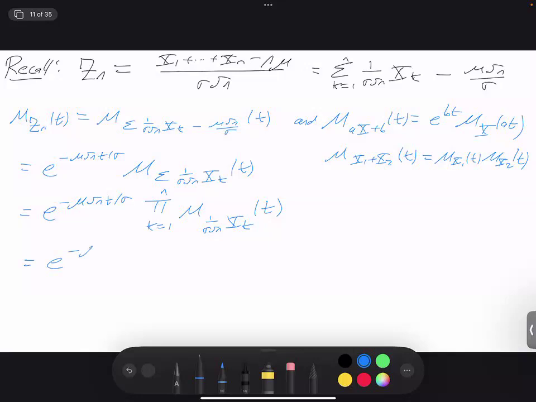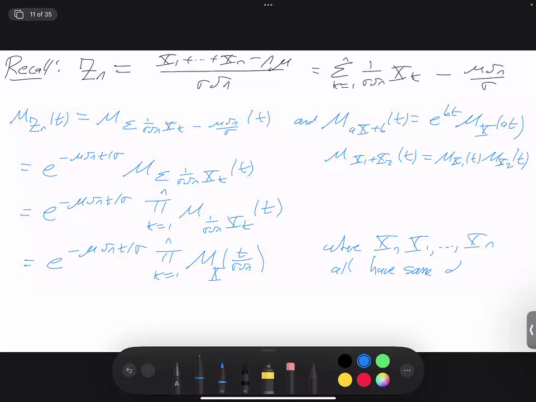as e to the negative mu square root of n t over sigma, the product, k goes from 1 to n, of the moment generating function of t over sigma square root of n of x, where x1 dot dot dot xn all have the same distribution.